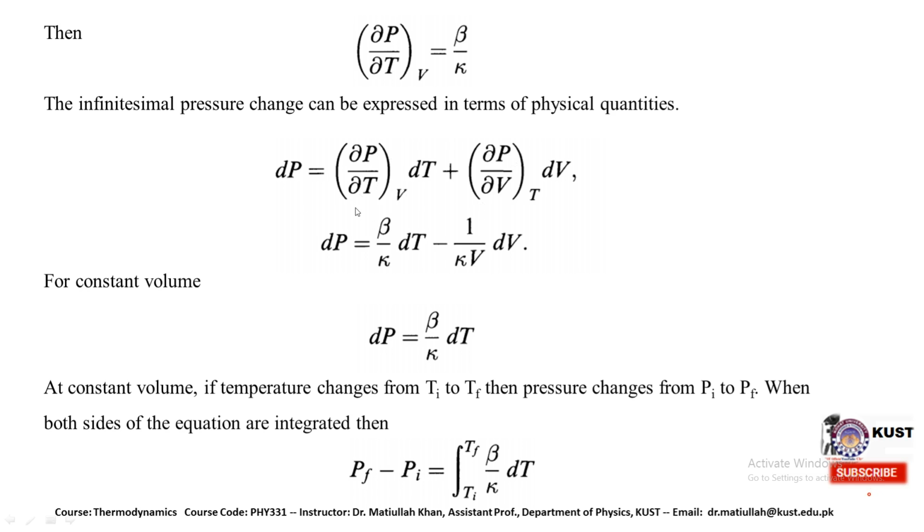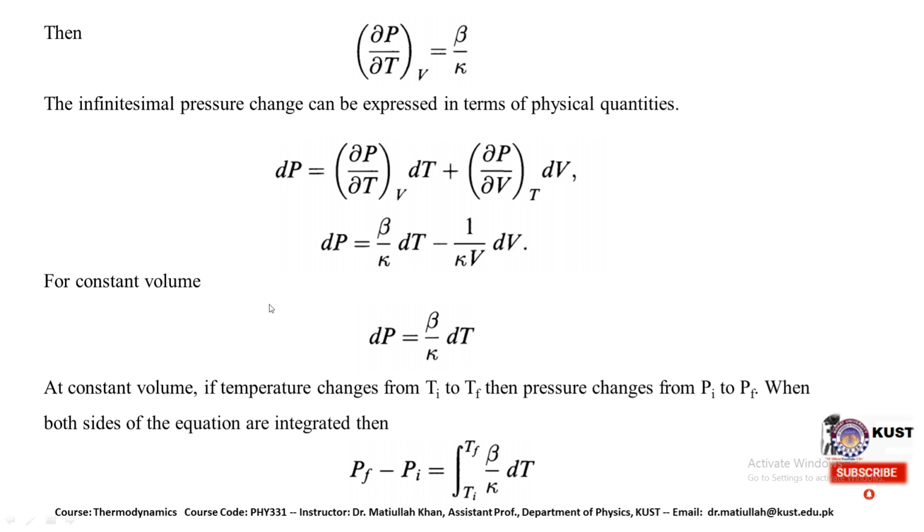We put the values over here, so dP becomes beta divided by kappa into dT, minus 1 over kV into dV.